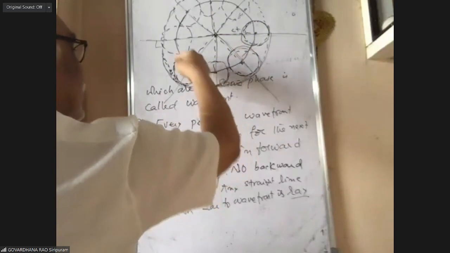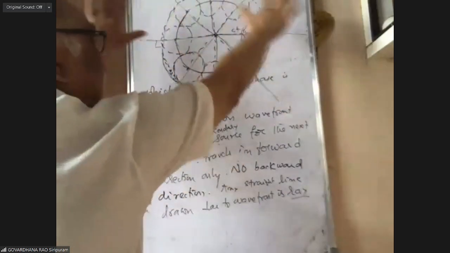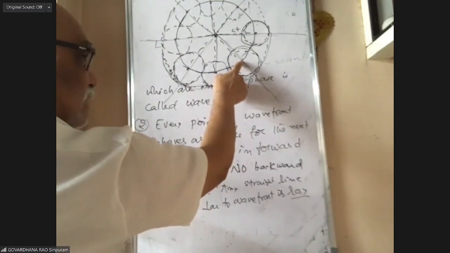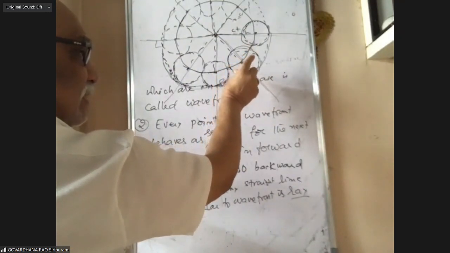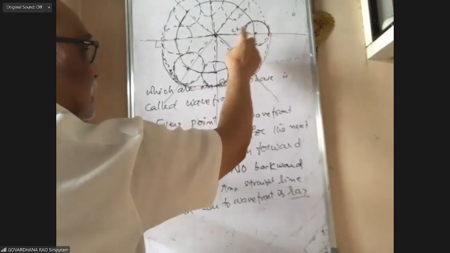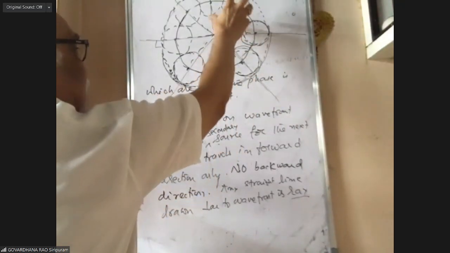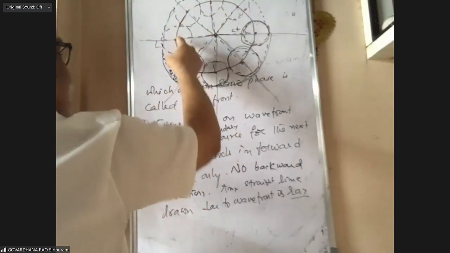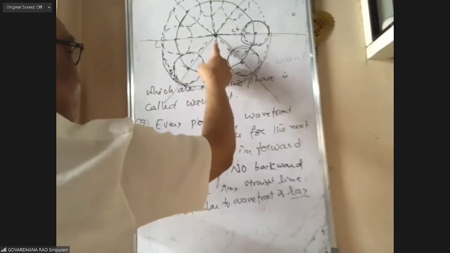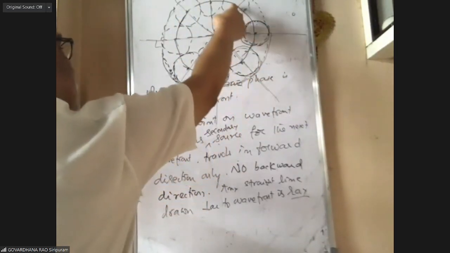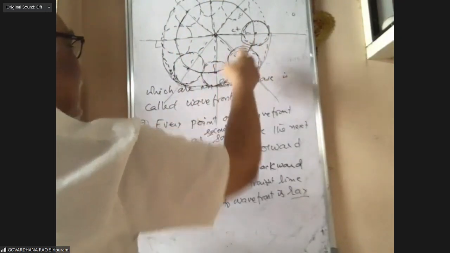Now in this medium, when light reaches here, this particle starts vibrating in SHM. When light reaches here, this particle starts vibrating. Light reaches all these particles at the same time, so all these particles start vibrating in SHM at the same time.